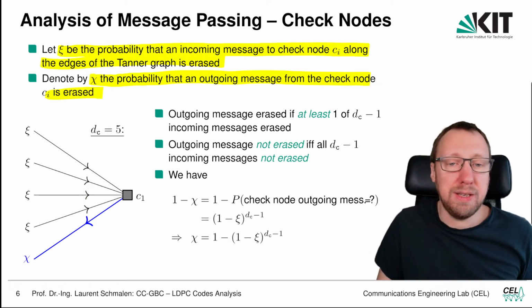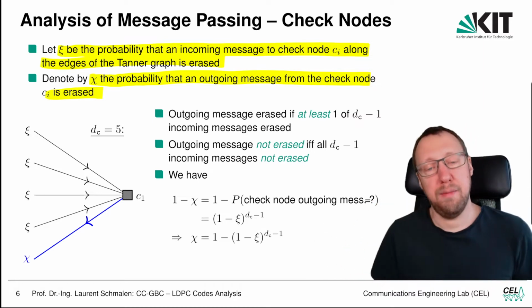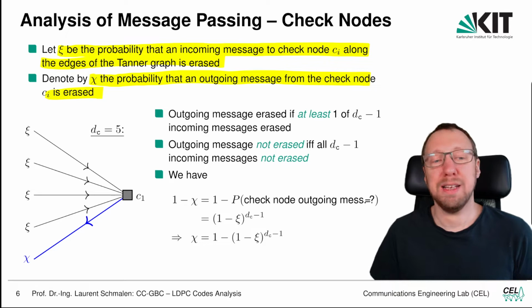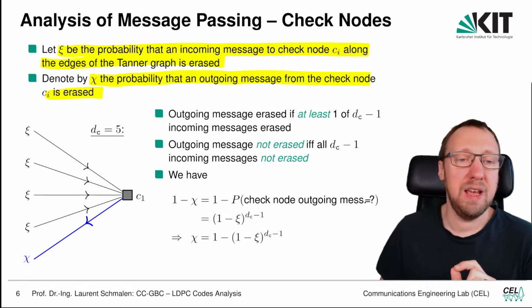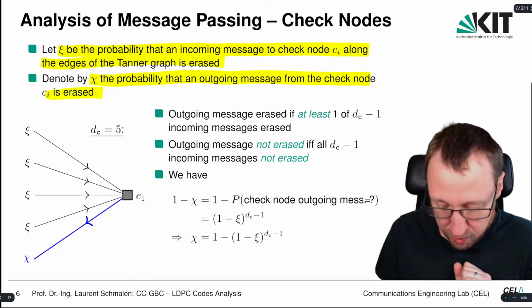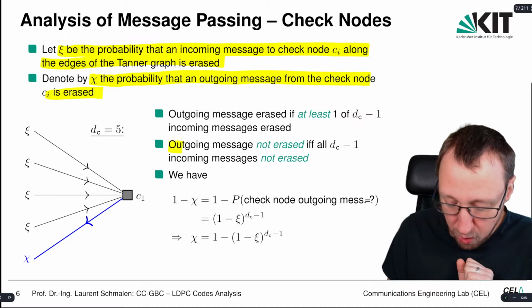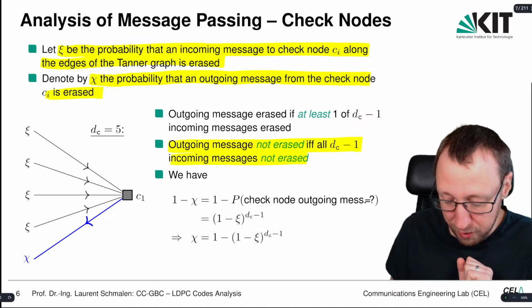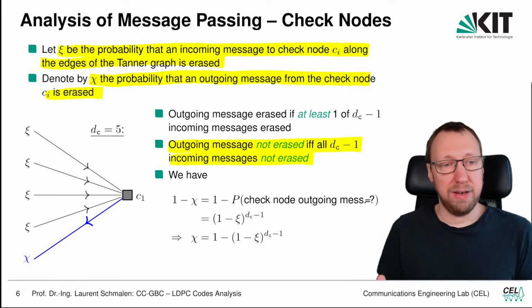So this is not so easy to calculate. Therefore, we look at the inverse argument. We ask ourselves, when is the outgoing message not erased? The outgoing message is not erased if and only if all the incoming messages are not erased. If all the incoming messages are not erased, we can calculate the outgoing message.